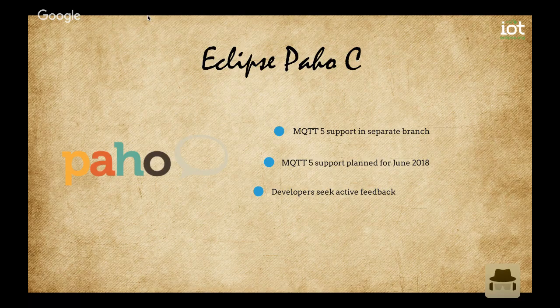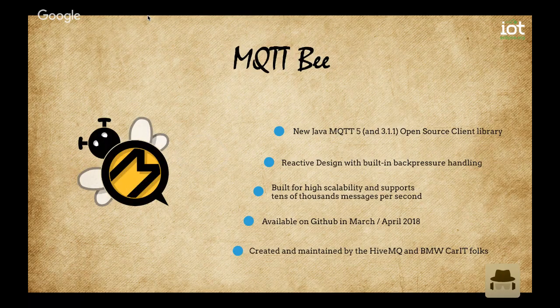The developers also seek feedback here, so please provide feedback. Another library which is new: there will be a new MQTT library in March and April 2018 for MQTT 5 and 3.1, which will be an open source, completely reactive library, so it has a bit of a different scope than Eclipse Paho and has built-in back pressure handling.